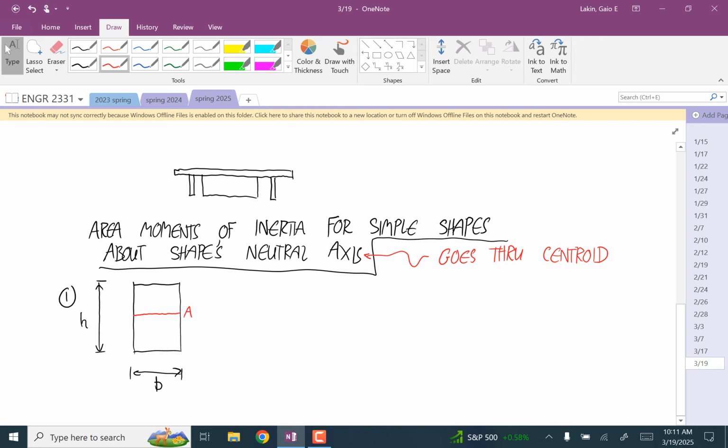So this is our axis A. And the area moment of inertia about A is 1/12 times the base times the height cubed. So that's the formula we came up with, whatever day it was, Monday. And there you see that relationship that explains why you brace a guitar top this way.